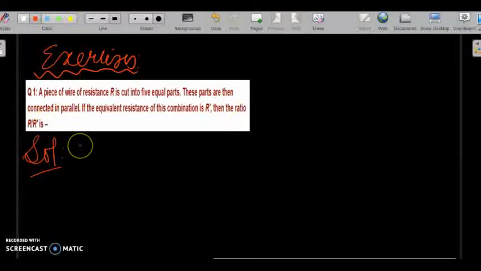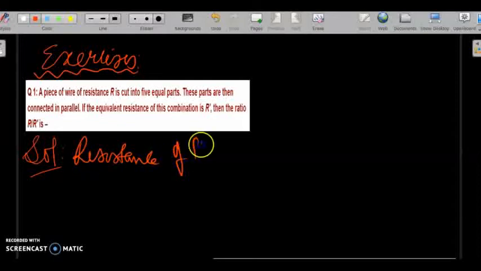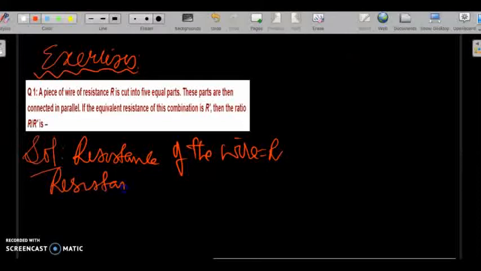So the resistance of the wire is equal to R, and resistance of each piece of wire will be equal to R by 5.